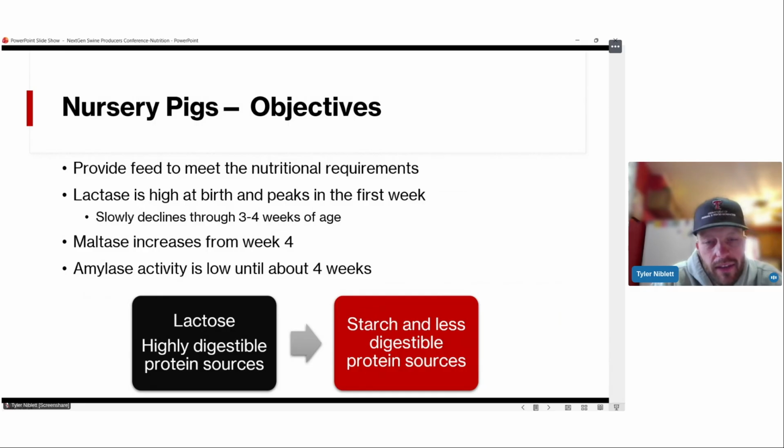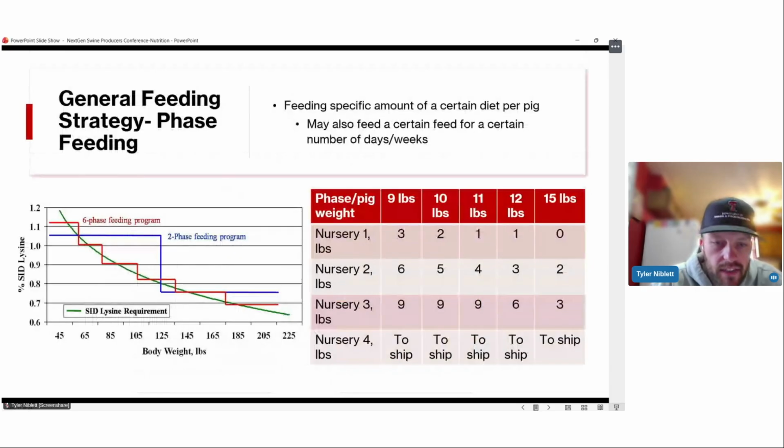After about the first week or so, it's pretty much non-existent. If you continue to feed a diet that's high in lactose, those pigs will start getting scours. And so we move from diets high in lactose and other highly digestible protein sources to more starch-based and less digestible protein sources. When we talk about feeding pigs after weaning, we get into phase feeding regimens.